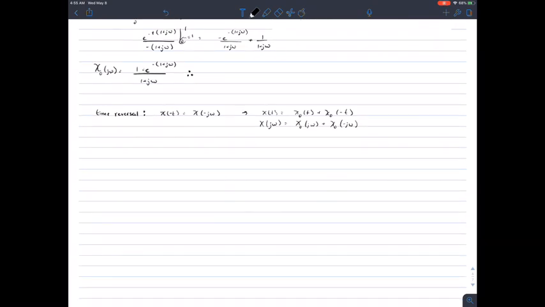Okay, for A, we have 1 minus e to the negative 1 plus j omega divided by 1 plus j omega, plus, so you have to replace all j omega with negative j omega.